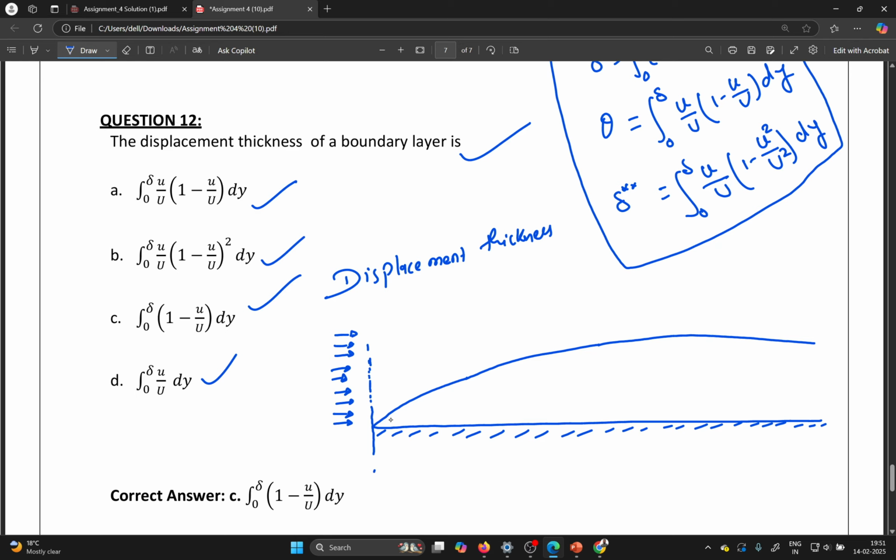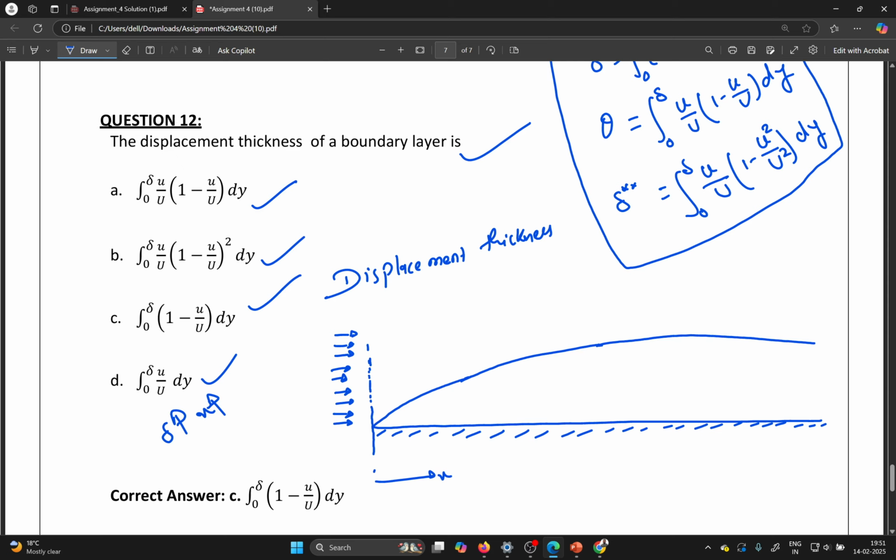As you can see, the boundary layer is increasing. Here the depth is different, here the depth is different. The thickness of the boundary layer is increasing as x is increasing. This is the x direction.